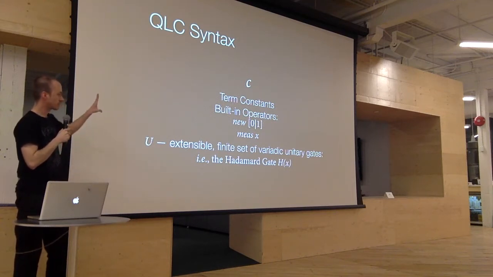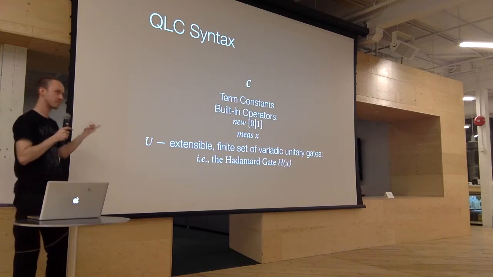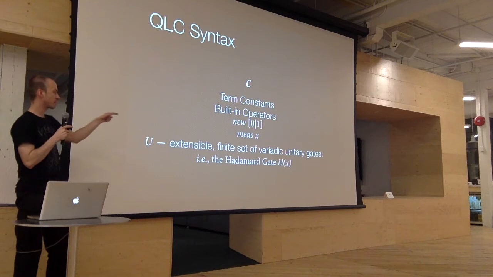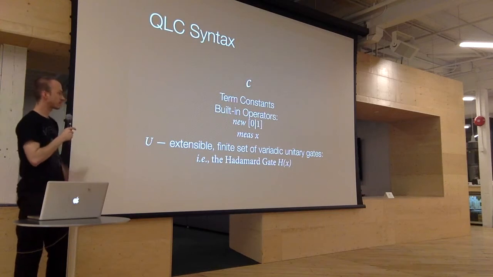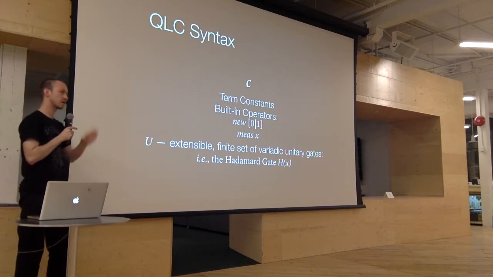And it has pretty simple semantics. The primitive operators are new to prepare a state, and typically you pass it a 1 or a 0 to prepare a single qubit. However, you can also use the custom data types that you define in the syntax of the quantum Lambda calculus to prepare multiple states at once.